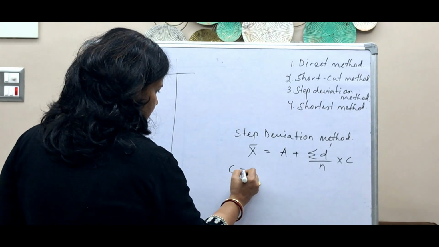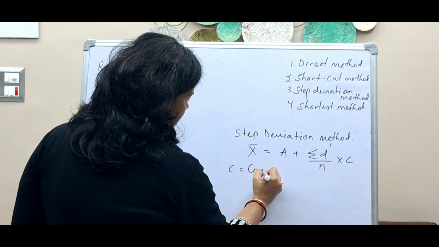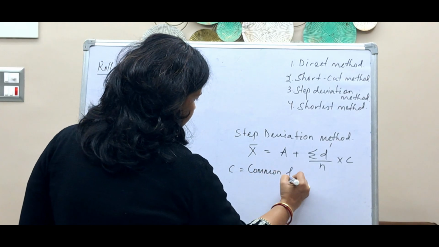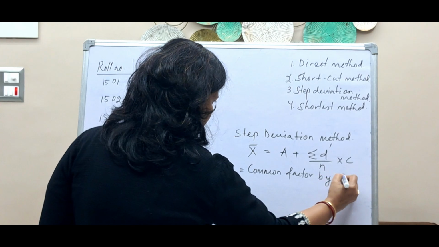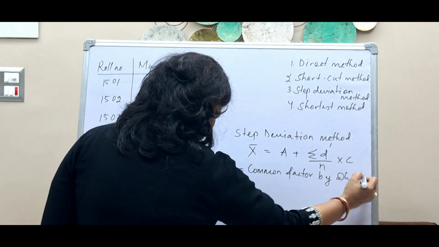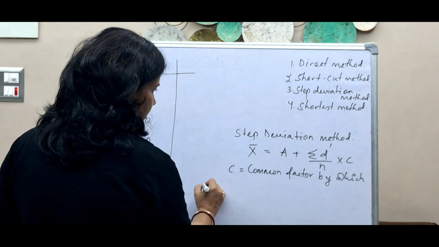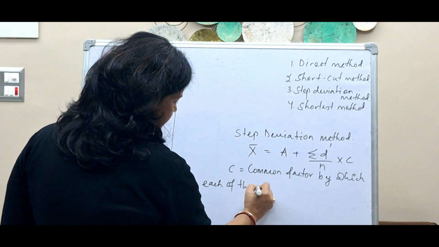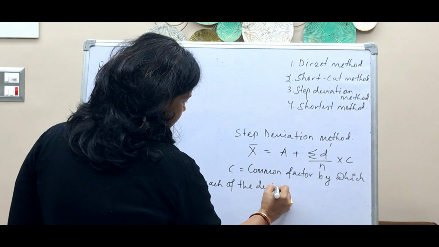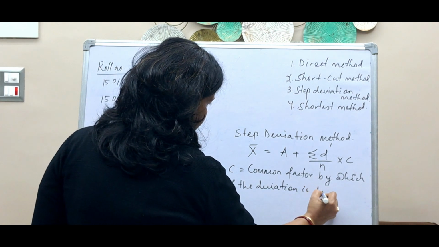C is the common factor by which each of the deviation is divided.